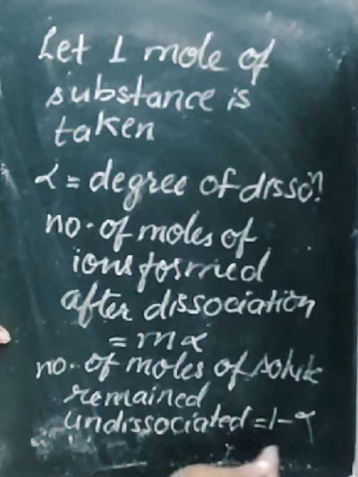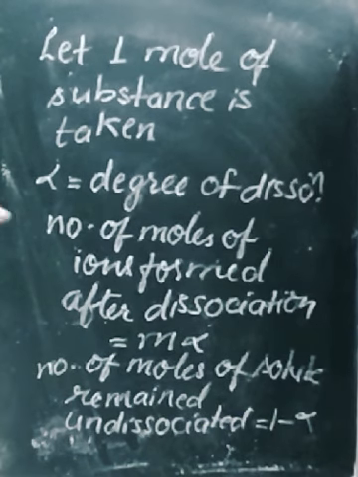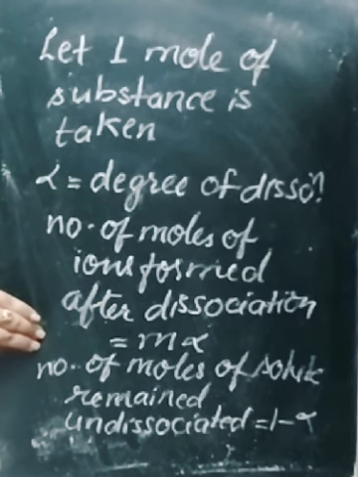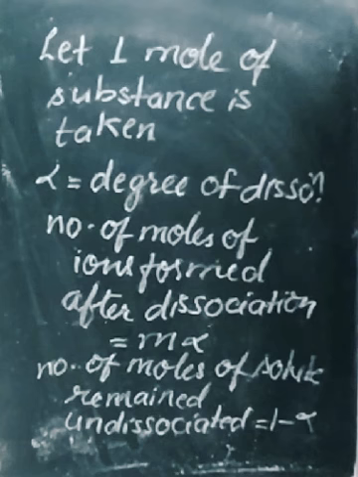So m alpha is the number of moles of ions formed, and the number of solute particles which remain undissociated is 1 minus alpha.